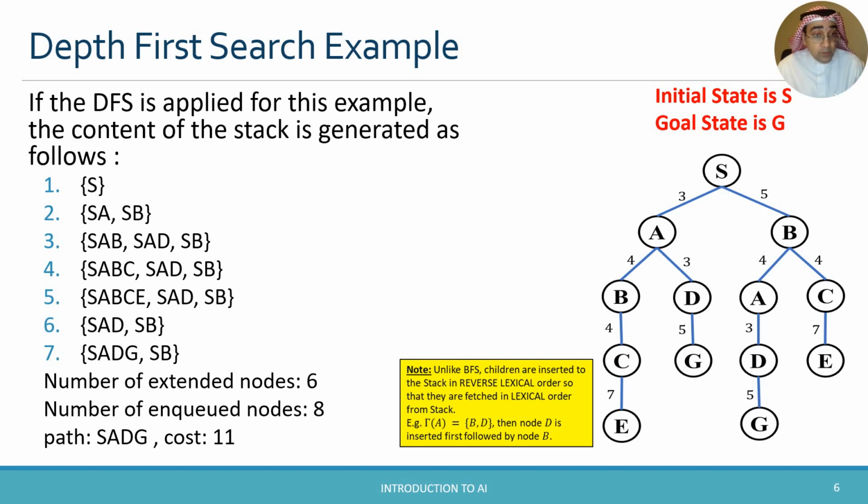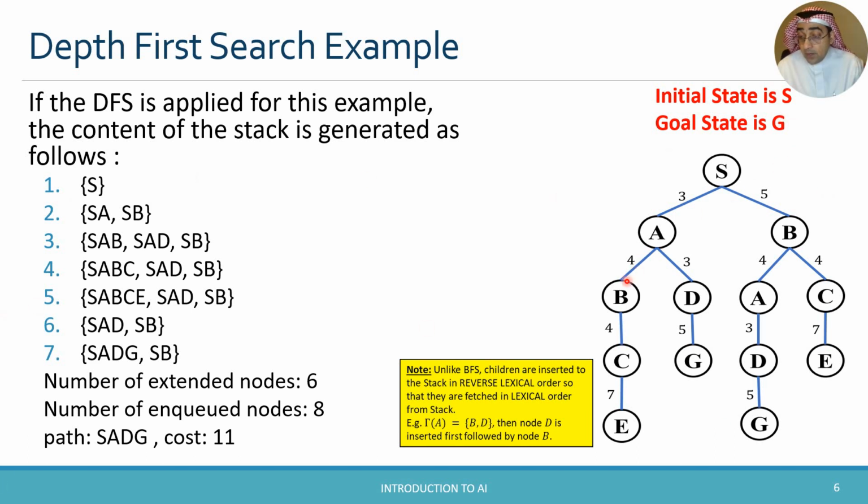So once we put the S in, let me take a pointer over here. Where's the pointer? Yeah, laser pointer here. So let's start and put the S in, and then what we do is we extract the S. That's the head of the stack, and then we delete it from the stack, and then we generate the children of the stack.